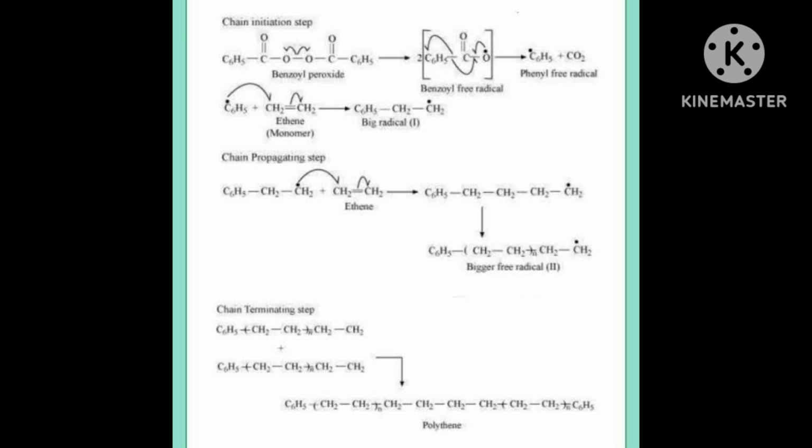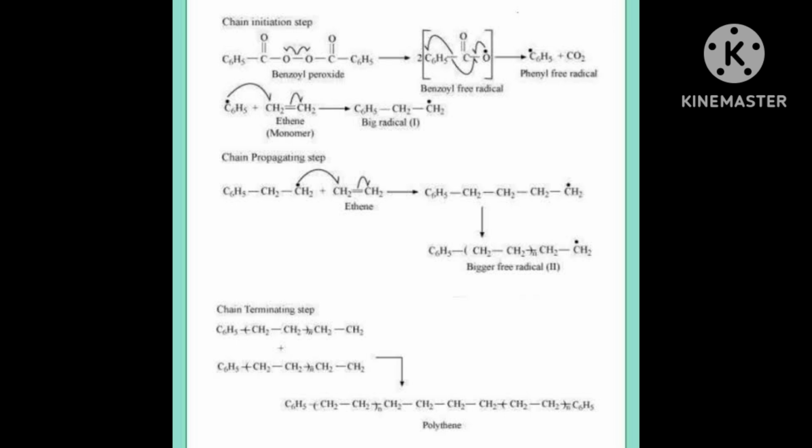Then that oxygen is joined with C6H5CO, from that carbon the O has joined, correct? And this second oxygen also joined with another C6H5CO, correct?